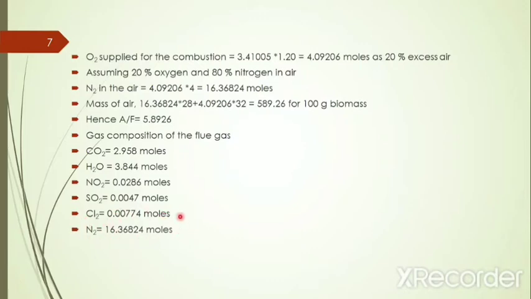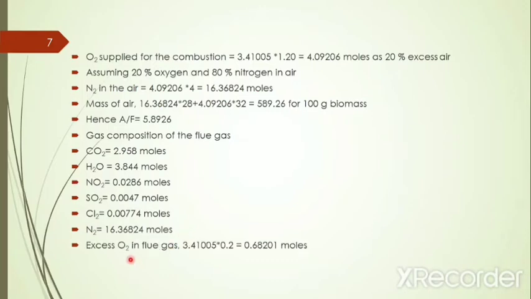From the stoichiometric air calculation, moles of nitrogen is 16.36824, and the excess oxygen will also be present in the flue gas. In the stoichiometric equation there is no oxygen in the flue gas, because it is the chemically correct amount for complete burning. But since we are supplying excess oxygen, 0.20 moles of oxygen will be present in the flue gas.